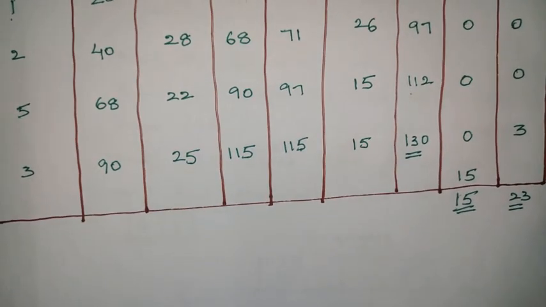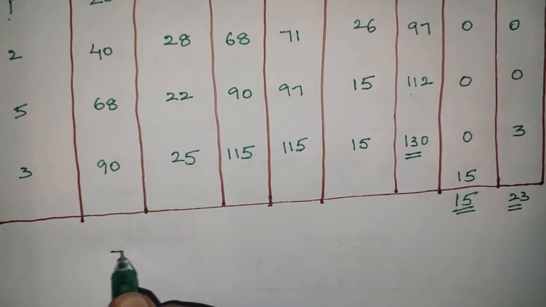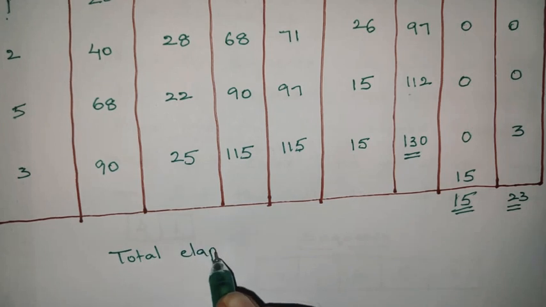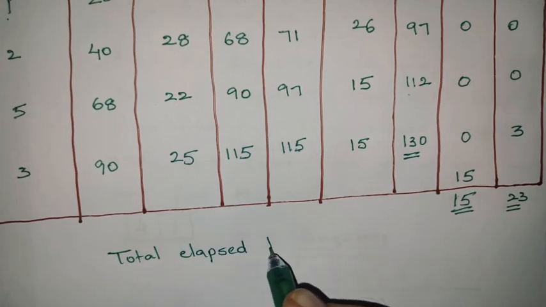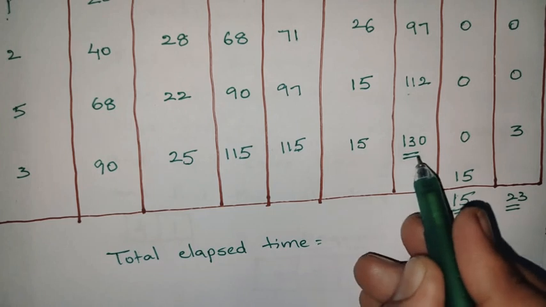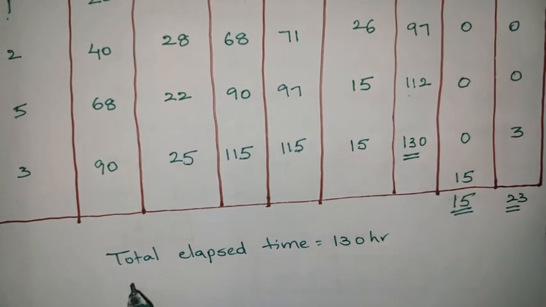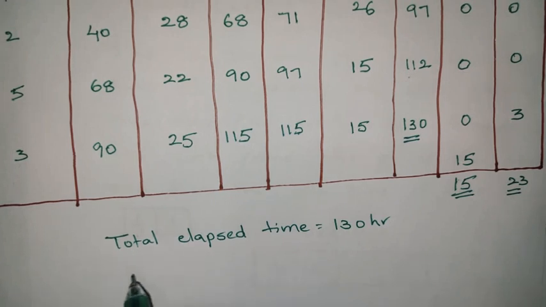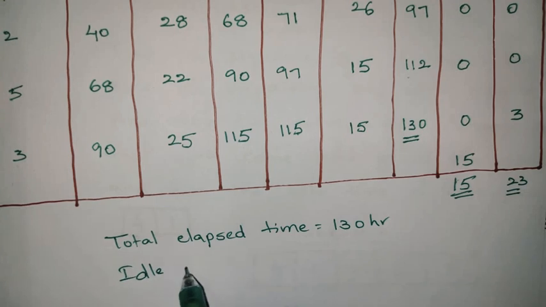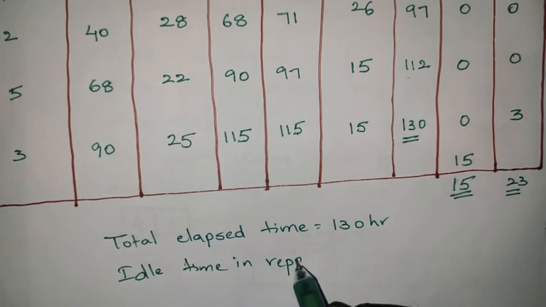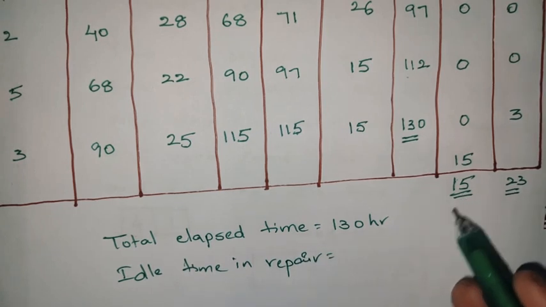So now let us write the final statements. Total elapsed time is equal to 130 hours. Idle time in repair is equal to 15 hours.